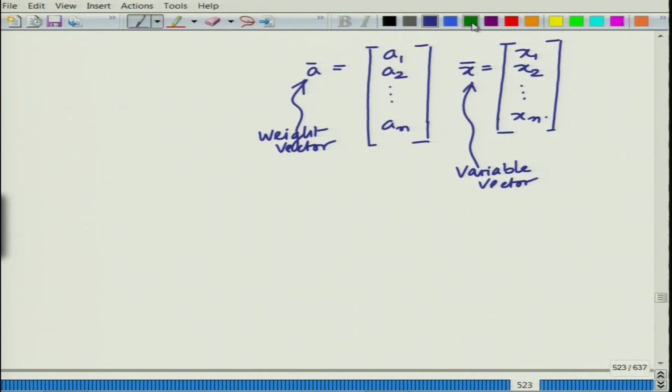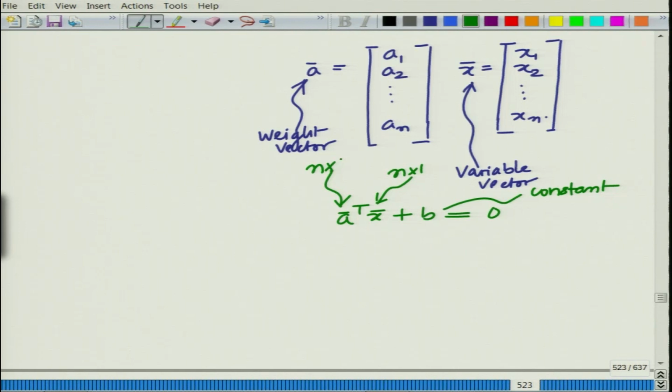So, I can write this as A bar transpose x bar plus b equal to 0. This is an n cross 1 variable vector, and an n cross 1 coefficient vector or weight vector.